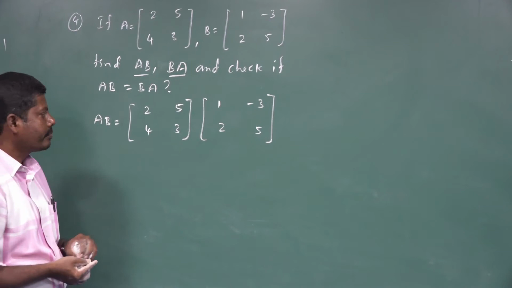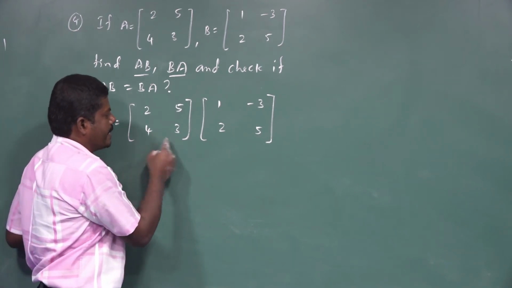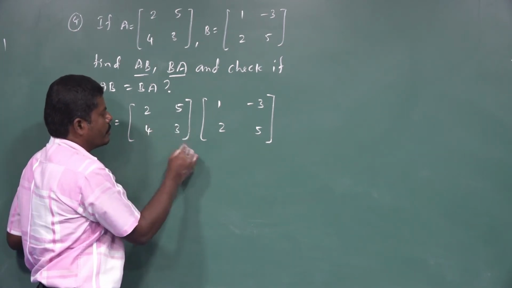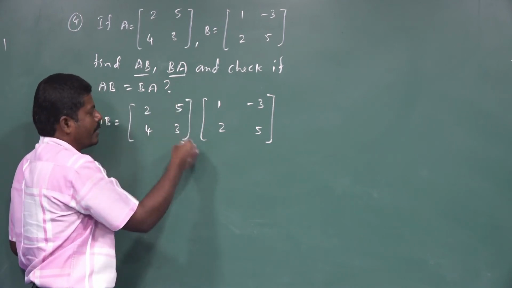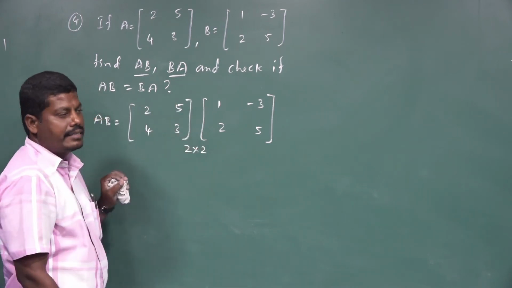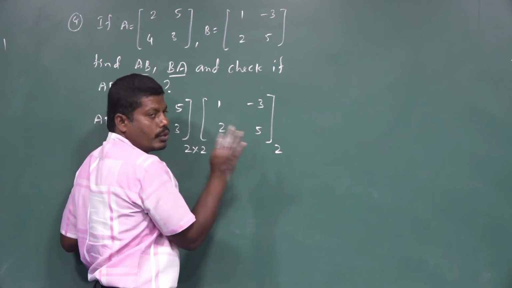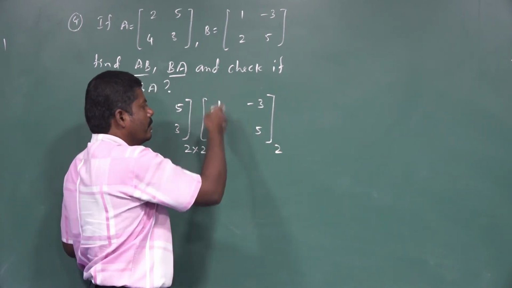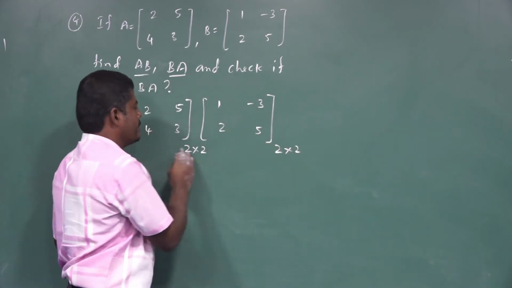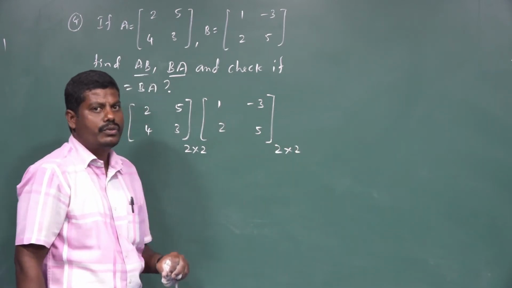Order of our first matrix is 2 rows and 2 columns. Order of our second matrix is 2 rows, 2 columns. So the first matrix is 2 by 2 and the second matrix is also 2 by 2.